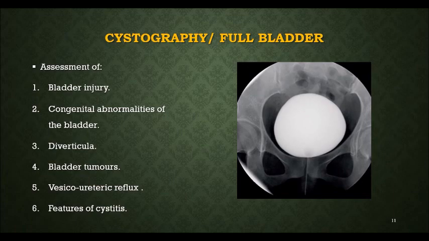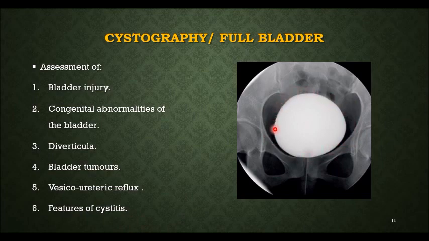After performing the retrograde study, you will need to fill the bladder to the maximum for the assessment of bladder injury, to rule out congenital abnormalities of the bladder, diverticula, bladder tumors, vesicoureteric reflux, and features of cystitis. Here we have the full bladder in AP view.